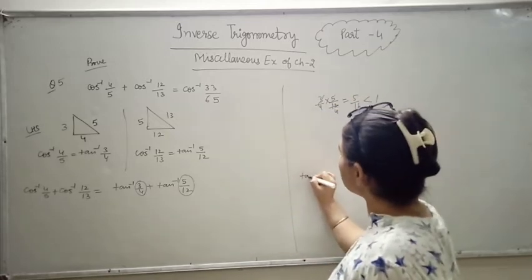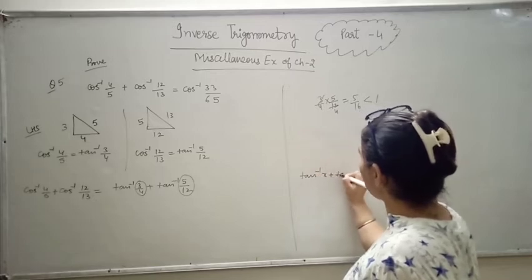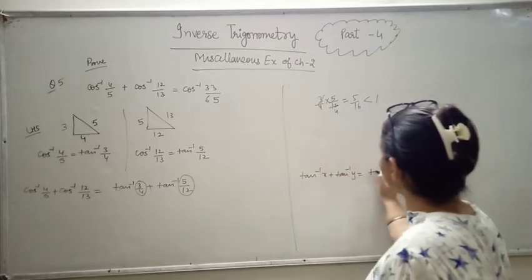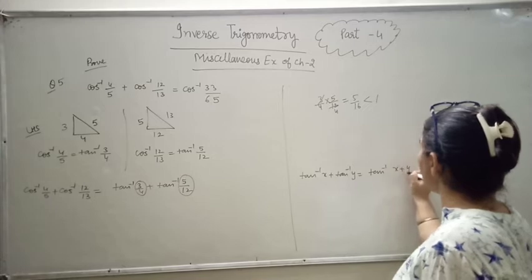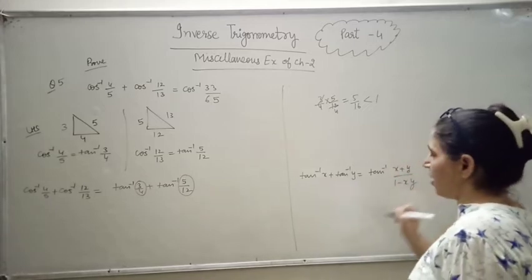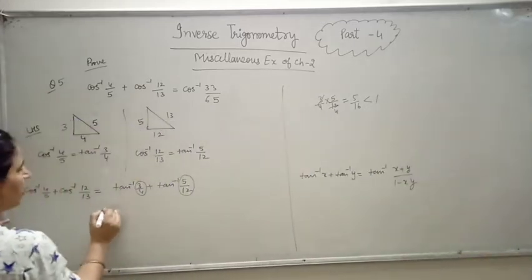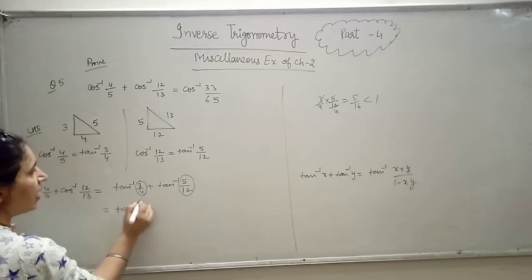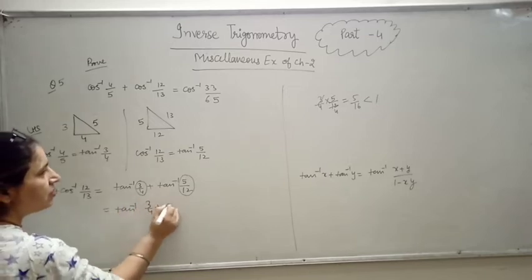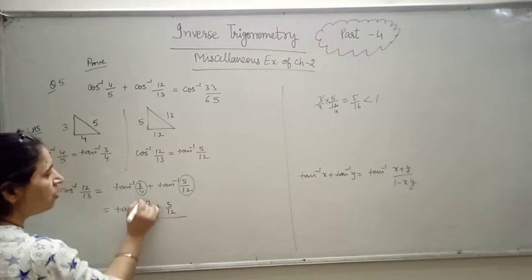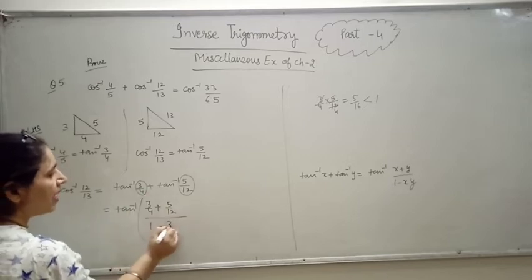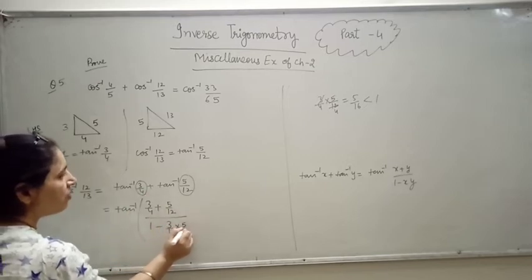So I can apply this formula, tan inverse x plus tan inverse y is equal to tan inverse of (x plus y) upon (1 minus xy). So it will become tan inverse of (x plus y) upon (1 minus x into y).